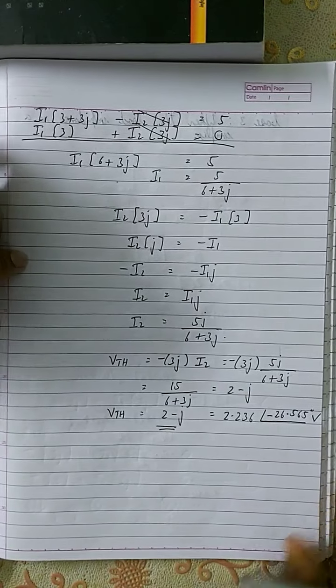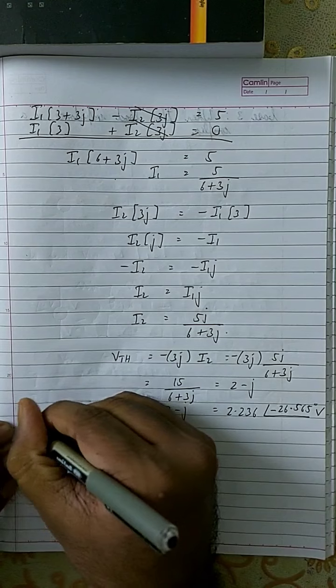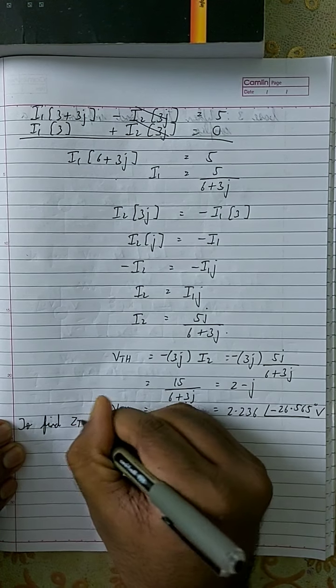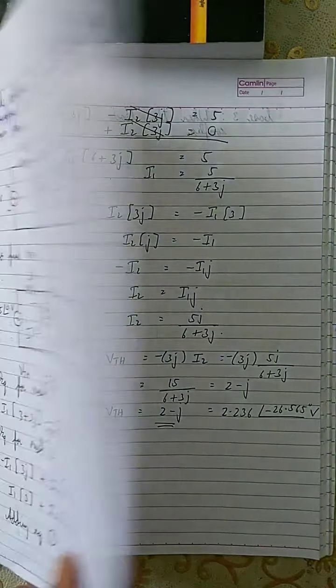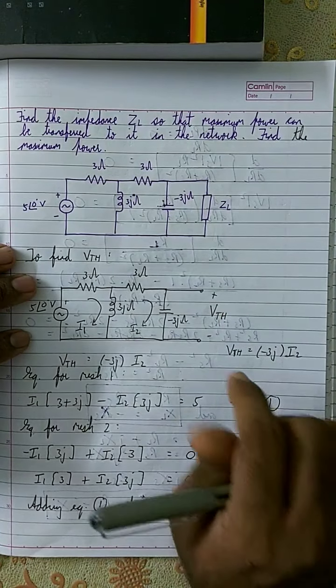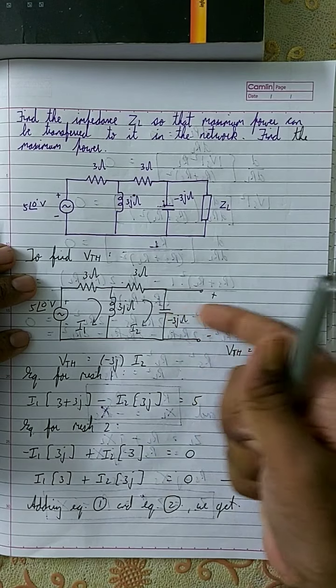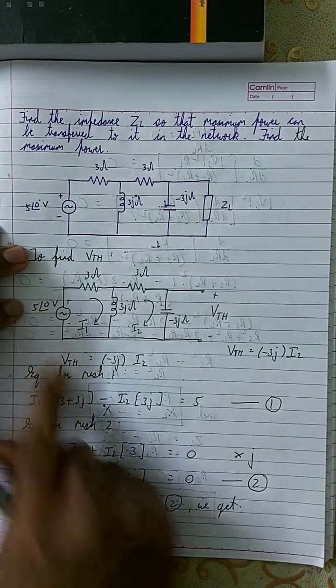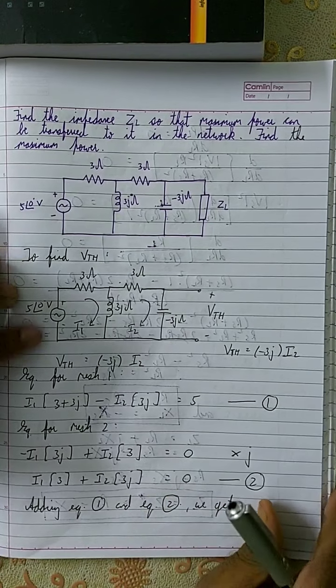Next I am going to find the value of ZTH. ZTH is the impedance across this element, right? If you see any voltage source, you should short it.